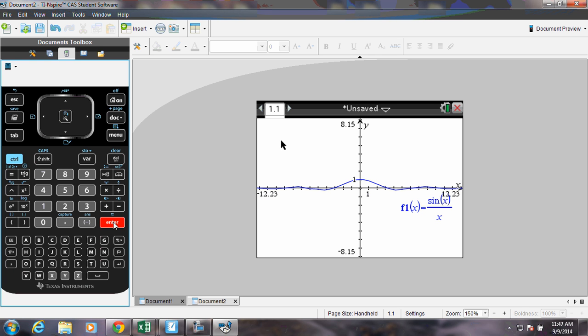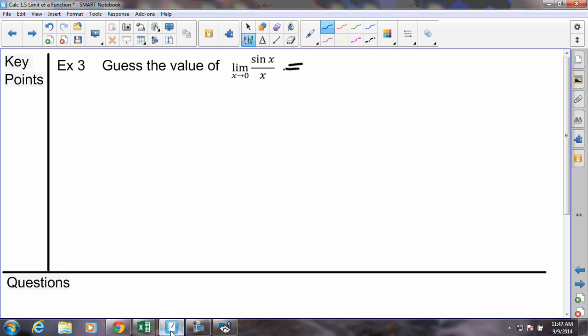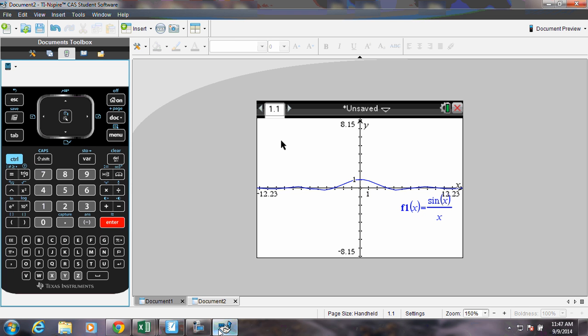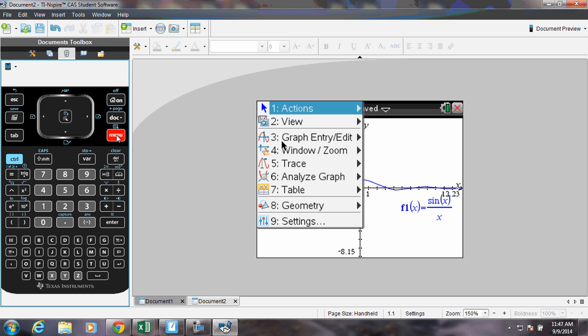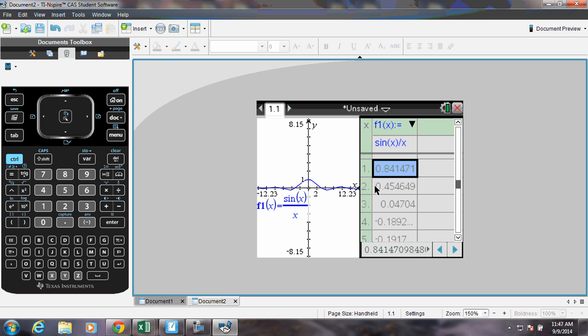We want to know what happens as the x value approaches 0. Well, I'd like you to look at this particular graph right now and just say, from the graph, what would you guess is the answer? You might be tempted to simply say, okay, we're done at 1, because it looks completely reasonable. Well, let's continue and do this table. Plug the table in.